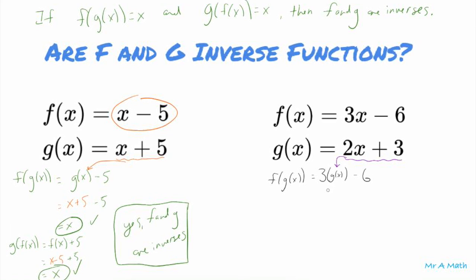So I'm going to plug in 2x plus 3 here, and I get 3 times 2x plus 3 minus 6. And so when I do the distributive property, I get 6x plus 9 minus 6, which ultimately equals 6x plus 3. And since this is not equal to x, this means f and g are not inverses.